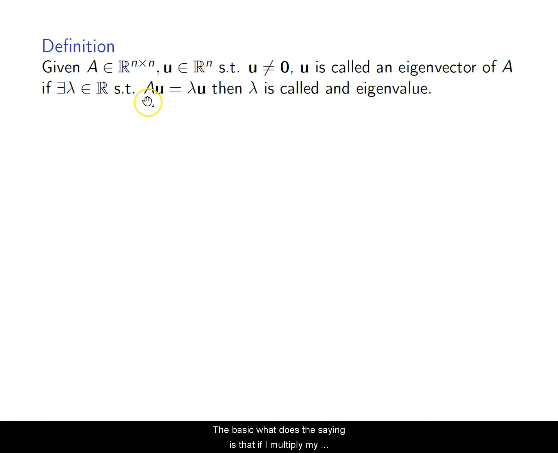Basically what this is saying is that if I multiply my vector by A, I just get out a constant multiple of my vector, right?